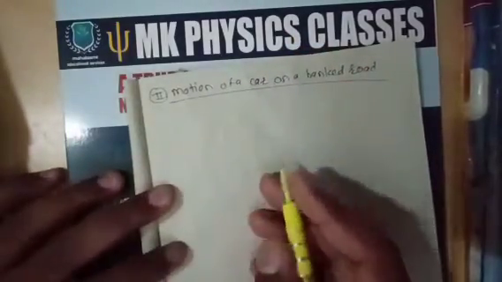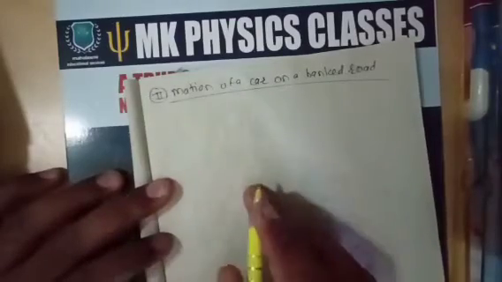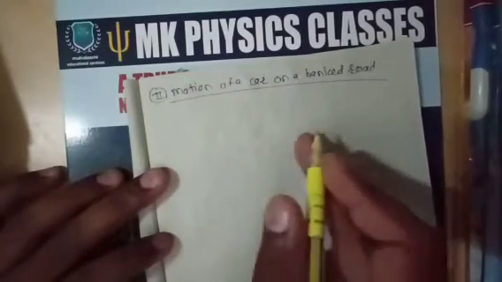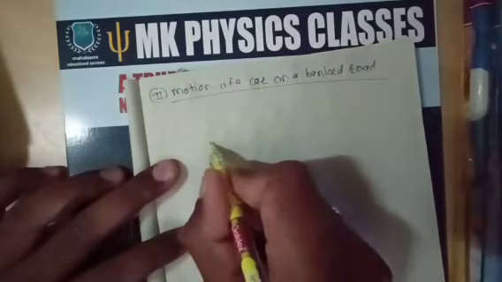Outer road is higher as compared to the lower, or the outer edge will be higher as compared to the lower edge.